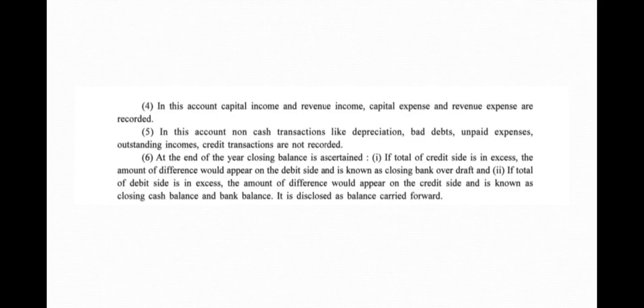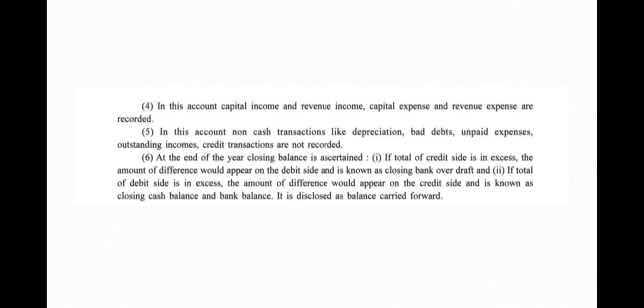Last one, at the end of the year, the closing balance is ascertained. If the total of the credit side is in excess, the amount of difference would appear on the debit side and is known as closing bank overdraft. And if the total of the debit side is in excess, the amount of difference would appear on the credit side and is known as closing cash balance and bank balance.